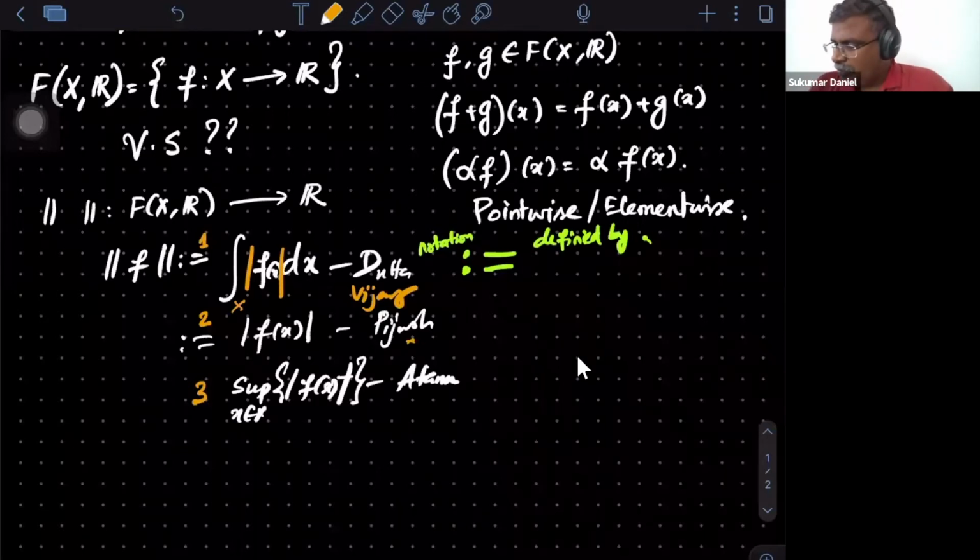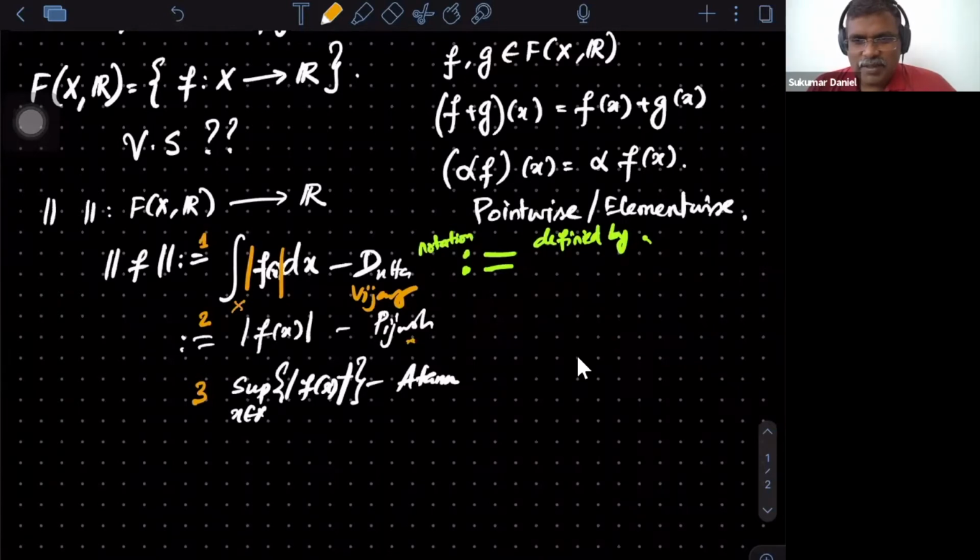For example, let us discuss the first definition, given by Datta and then corrected by Vijay for non-negativity. If I want to define this integration for all functions from X to R, you may already be familiar: are we sure that we can integrate all functions? Yes or no?